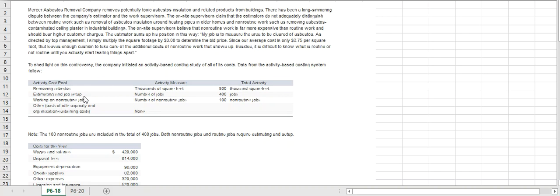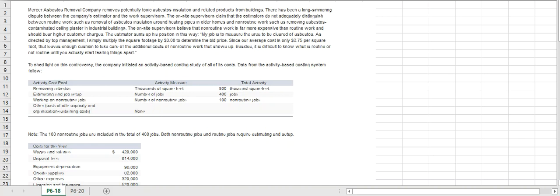So they just have a base amount per job that they're going to cost that out. Working on non-routine jobs, they're going to allocate that based on the number of non-routine jobs. So they would look at their total cost for non-routine stuff and then spread that out for each job. And then other activities doesn't have an activity measure, so it says none.